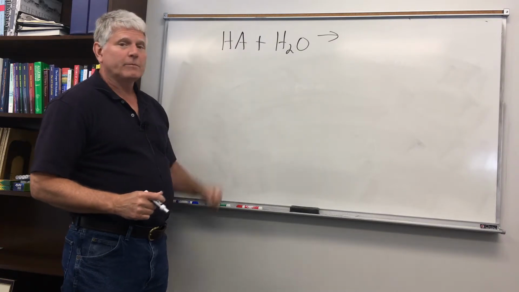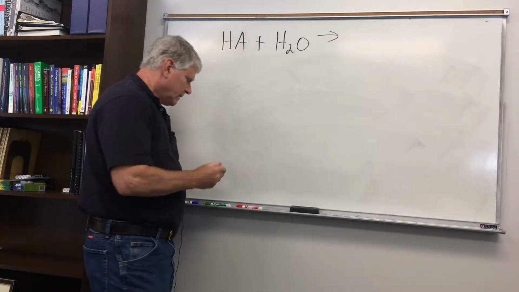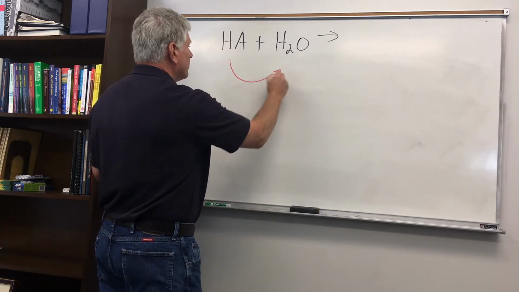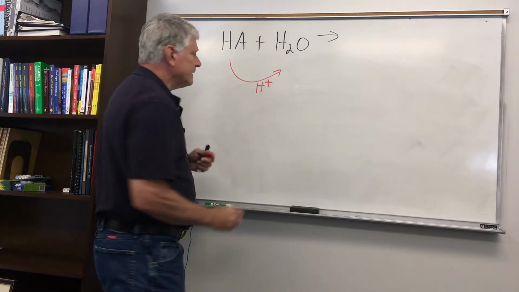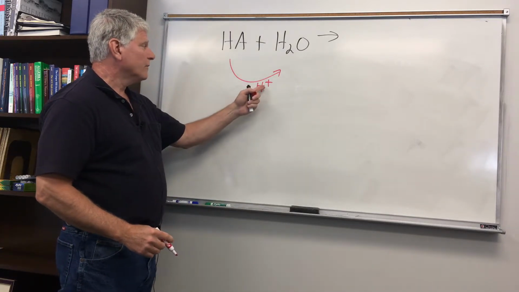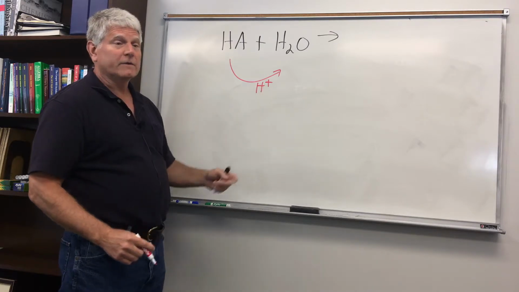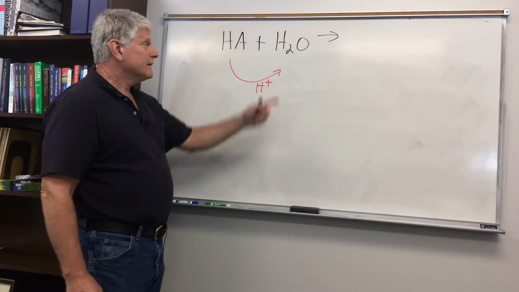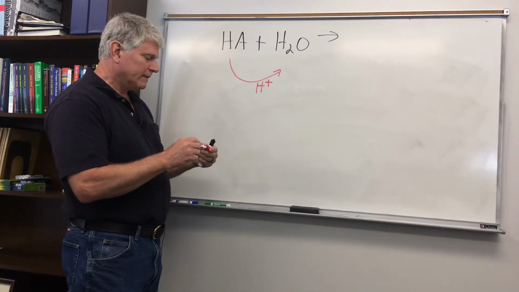So an acid is a proton donor. So this acid is going to donate a proton, so it's going to donate the H plus ion. And the base is something that's going to accept the H plus ion. So in this case, water will act as a base and accept the H plus ion.